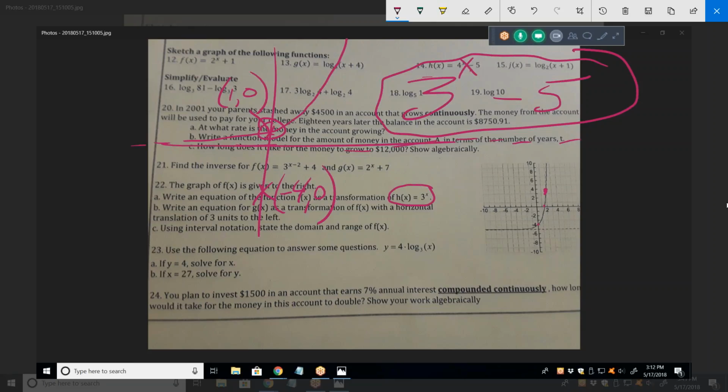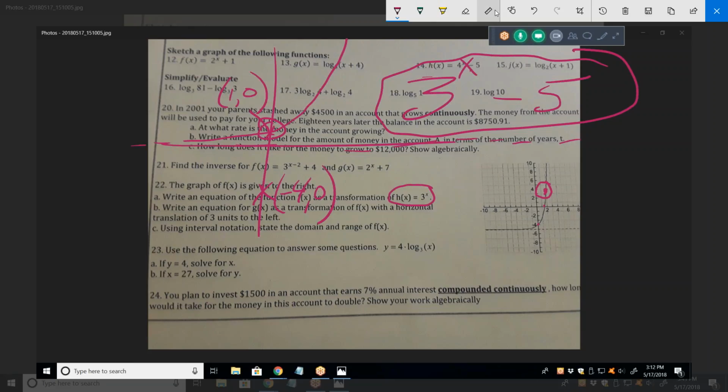There's no other transformation going on other than a vertical shift. There's certainly no horizontal shift going on, and it doesn't appear that there's any vertical stretch either, because a vertical stretch would show up when I go to plot that point right there. If I had much of a vertical stretch, then that point wouldn't be on the curve.